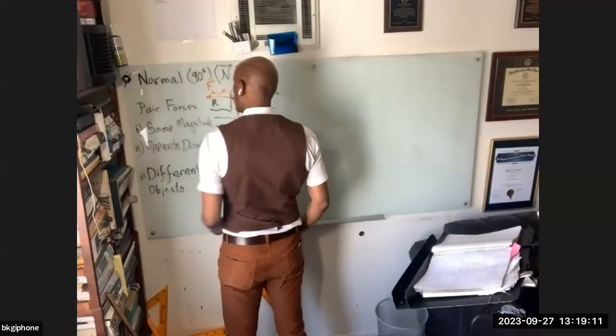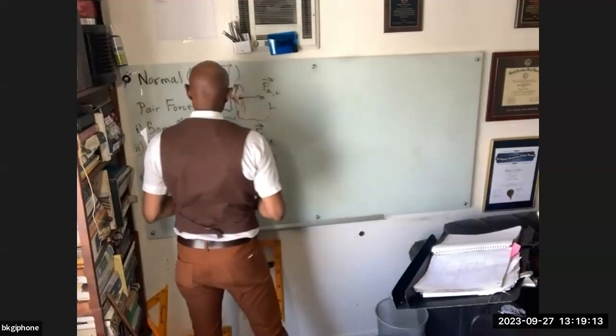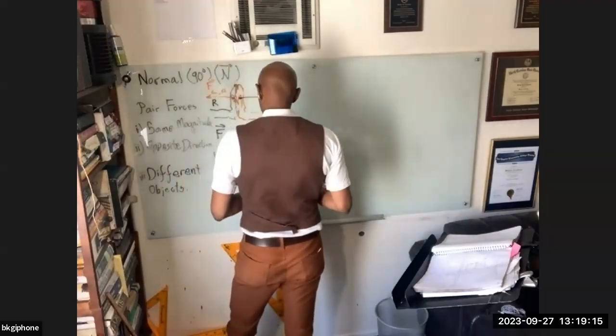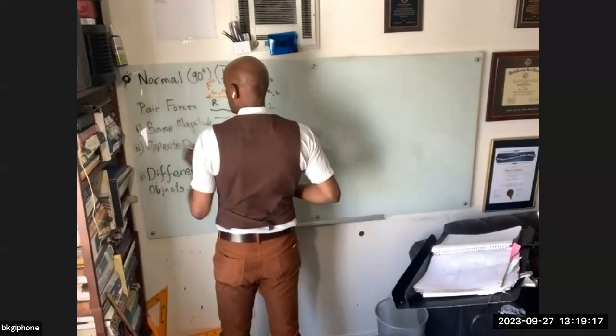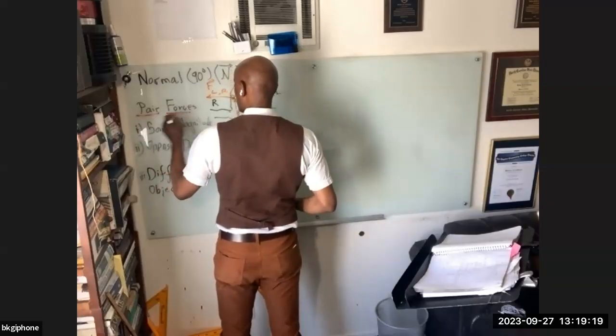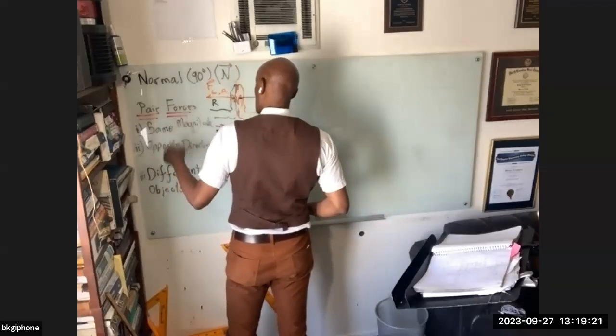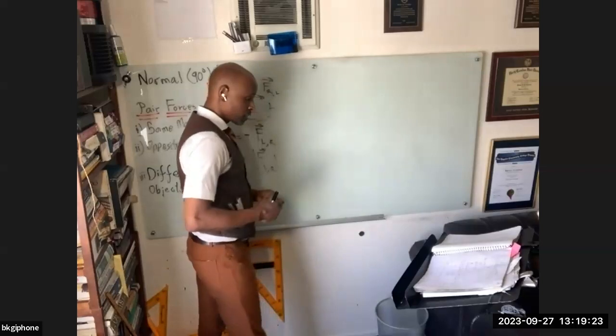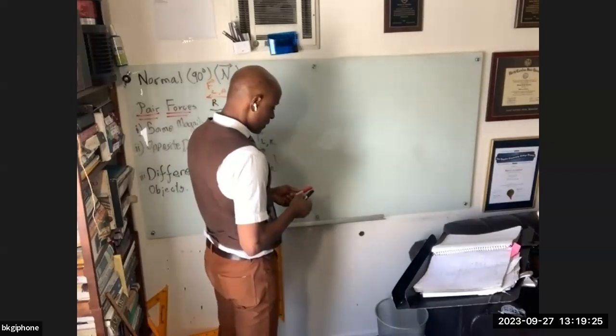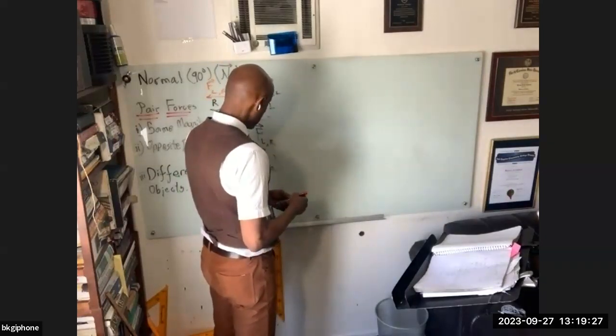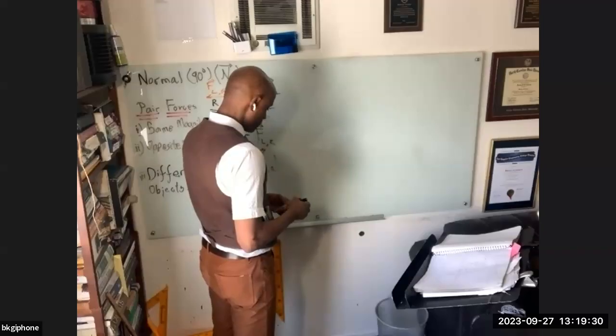All three of those criteria must be satisfied. Otherwise, these things don't have the possibility of being pair forces. Now, just because they may be satisfied doesn't necessarily mean they're pair forces. But if they're not satisfied, they definitely won't be pair forces. Hope that's not confusing for you.